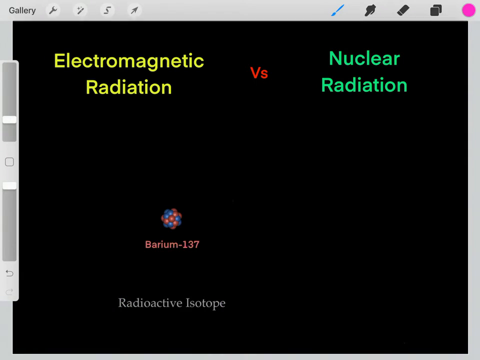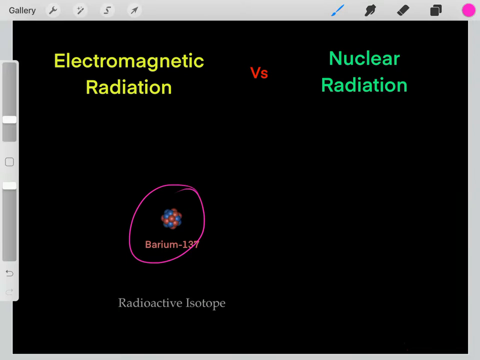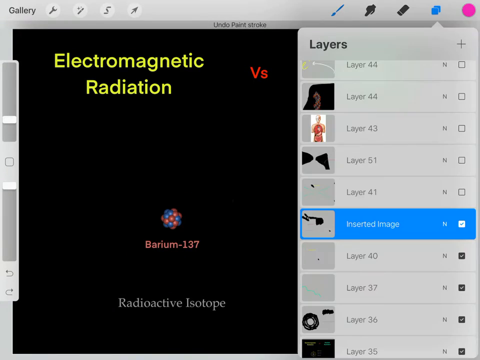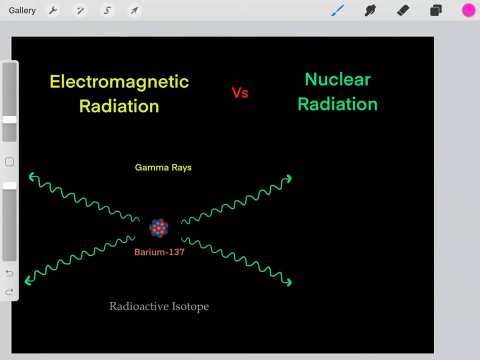This particular element with this particular mass is essentially unstable. It has an unstable proton to neutron ratio, so we know it'll emit nuclear radiation, and in fact, it happens to emit gamma rays, which again is the only type of electromagnetic radiation that is also nuclear radiation.